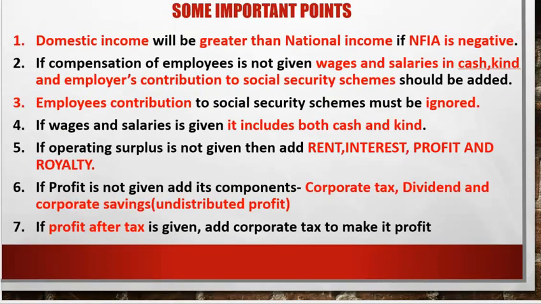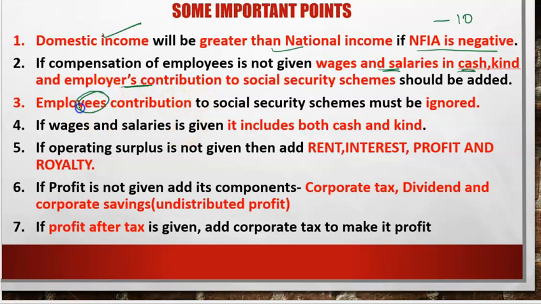Let us see some important points which we have to be very careful about while solving questions on national income by income method. If NFIA is negative, जब NFIA negative होता है, say -10, then domestic income will be greater than national income. If COE is not given, then you have to search for its components: cash, kind and employer's contribution. उनको प्लस कर दीजिए, COE आ जाएगा.